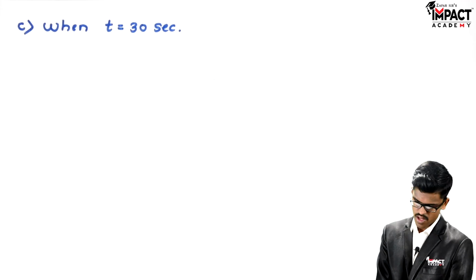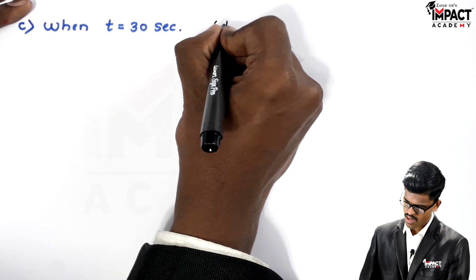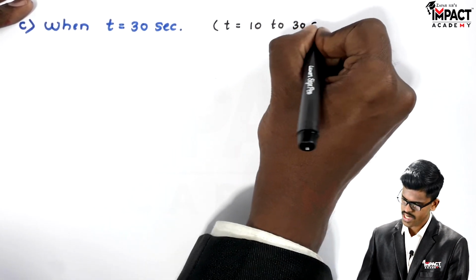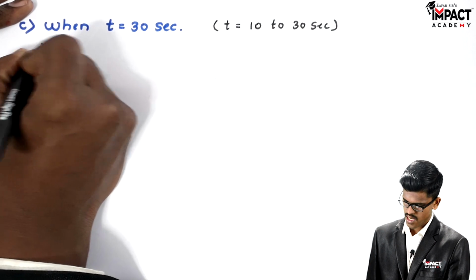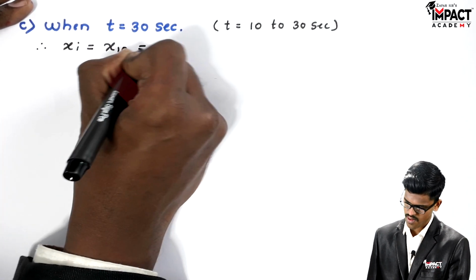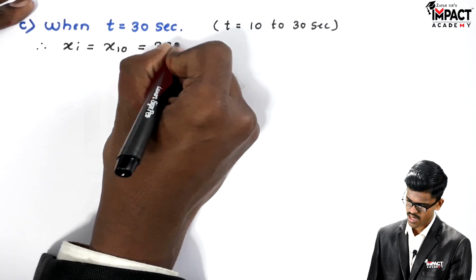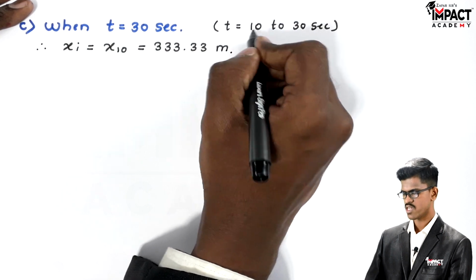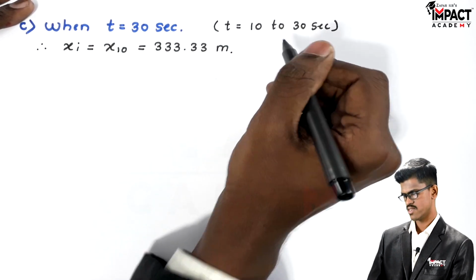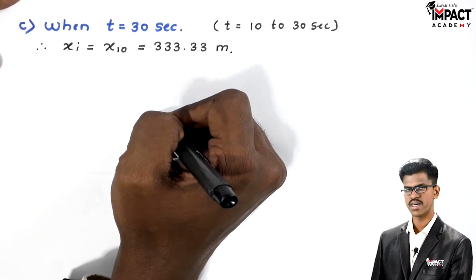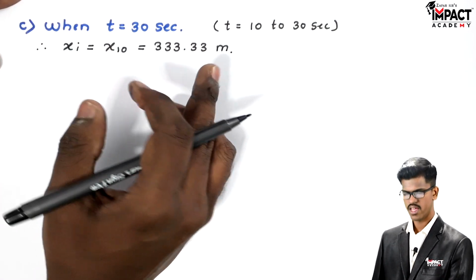Okay, so let's start. For the time interval t is equal to 10 to 30 seconds, the initial position of the particle is x10, which is 333.33 meter. Okay, if we use the time interval 0 to 30 seconds, then the initial position of the particle will be x0, that is 0 meter, and we have to consider the overall area.